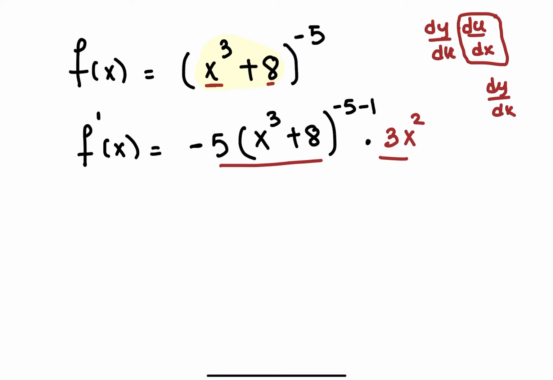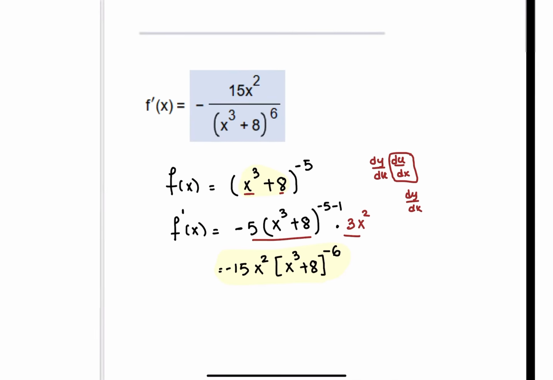Now that I found the derivative, let me go ahead and multiply. This gives me negative 15 x squared times x cubed plus 8 to the power negative 6. And that is going to be my final answer.